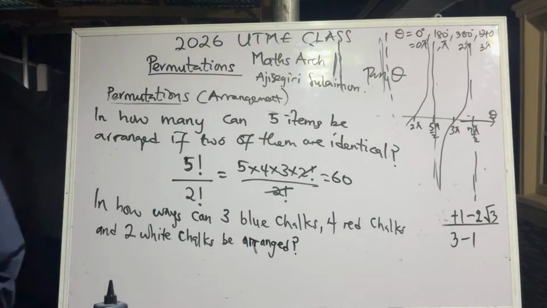They are of the same size. Now, in how many ways can we arrange this? Can you guys try it? Let's see what you get. You guys should try it and tell me the answer.